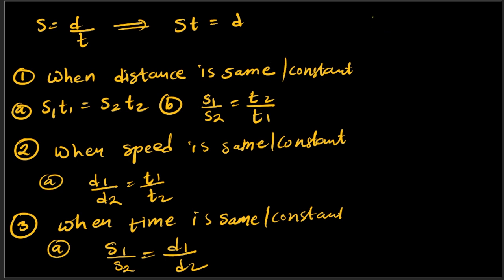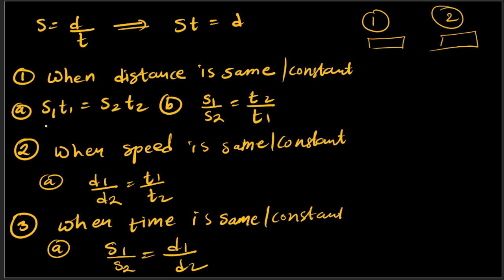I have two cases, 1 and 2, and in both cases the distance is constant, means if there is a train and the train is traveling a distance here and here, both are same. So in that case, we have a relation with speed and time.